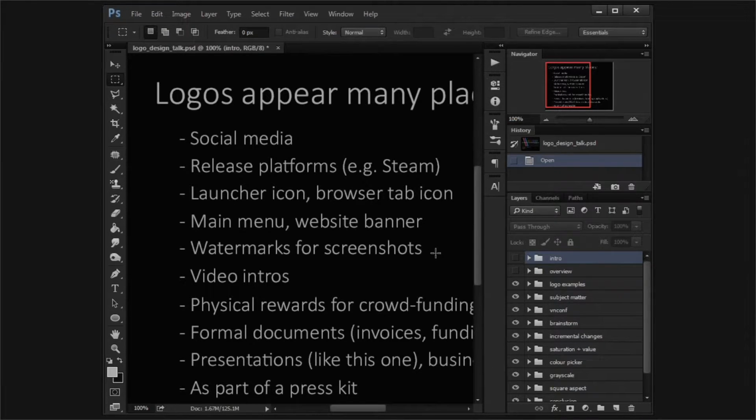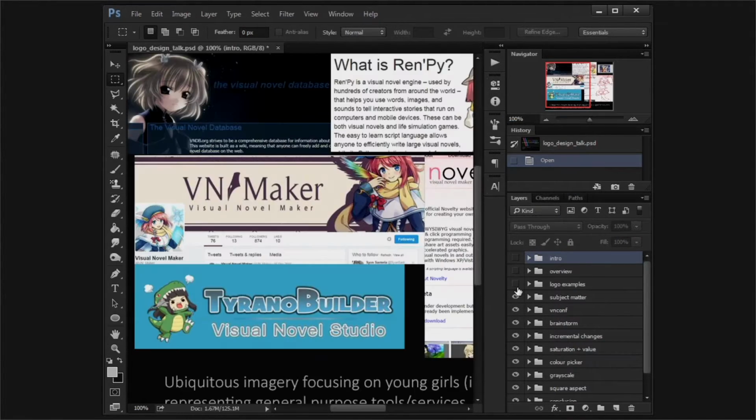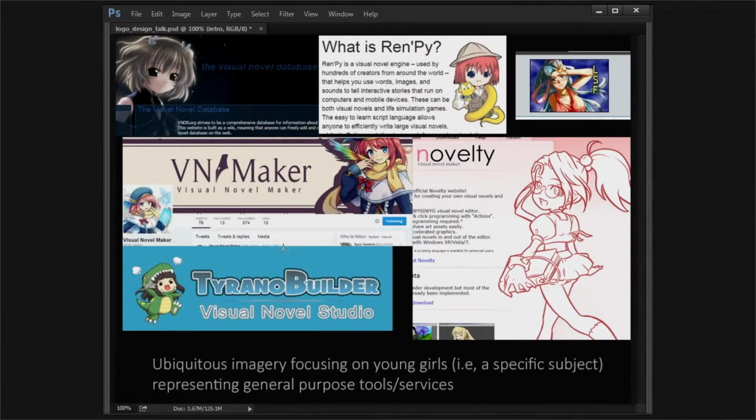So what does it look like visually to represent diversity? Well, one way to look at it is to see when it fails, or when I'm asserting that it has failed. If you look at all these sites that are ostensibly general purpose visual novel sites, services, tools, and so on, you might notice they have very similar elements. And this is fine, but people self-select based on their first impression of the thing.